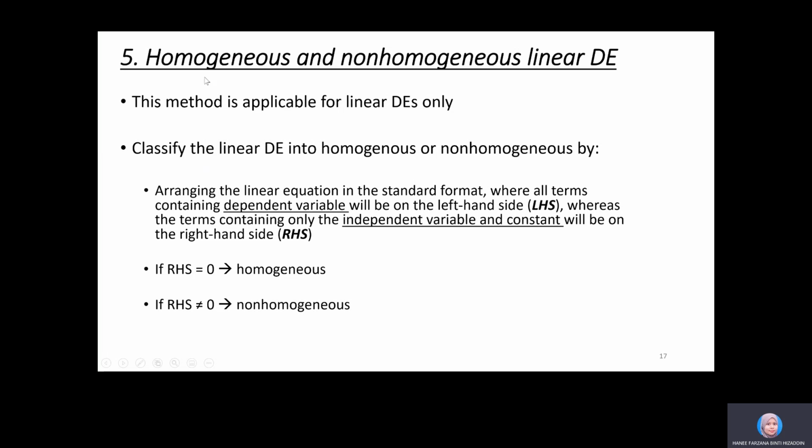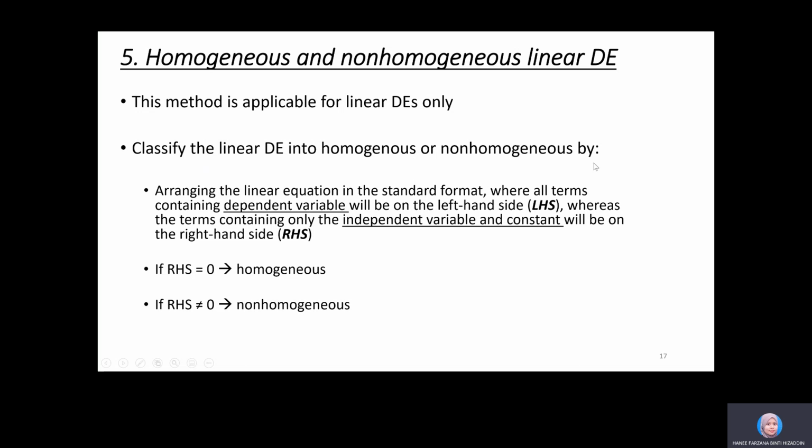The next part is to see the difference between homogeneous and non-homogeneous linear DE. Now we are just focusing on the linear differential equation, and we want to know whether it is homogeneous or non-homogeneous. This method is applicable for linear differential equations only. So how do we classify the linear DE?